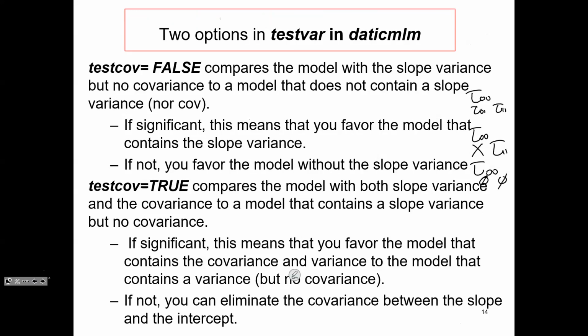So imagine that the deviance goes down when I go from here to here, but what if it doesn't, or it goes down a little but doesn't change that much when I go from here to here? How do I disentangle how much of the model misfit from here to here is a function of constraining the covariance to 0, and how much is a function of constraining the variance to 0?